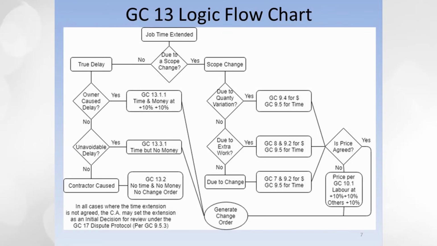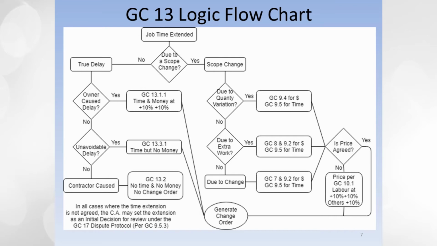5. It's interesting to note that the GC 10 force account provisions deal only with costs. This leaves time adjustment to GC 9.5. Specifically, GC 9.5.1 provides for time adjustments due to changes and extra work, whereas GC 9.5.2 provides for time adjustments due to quantity variations, and GC 9.5.3 provides for time adjustments for optional work.